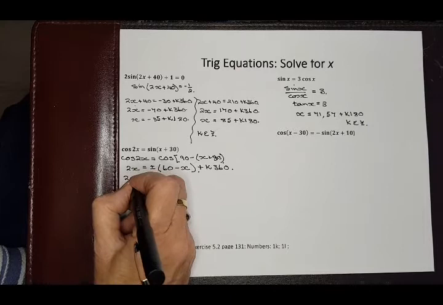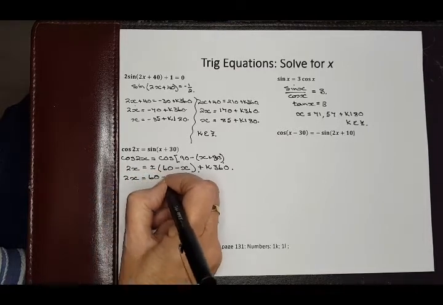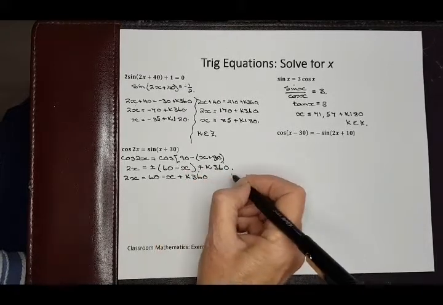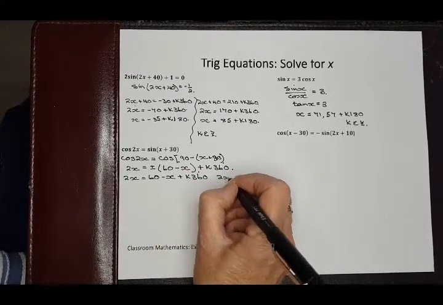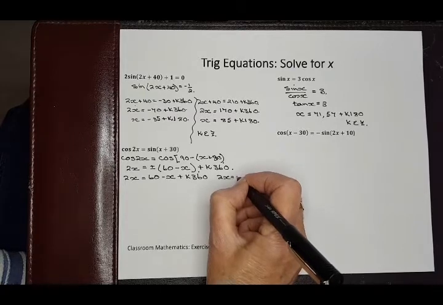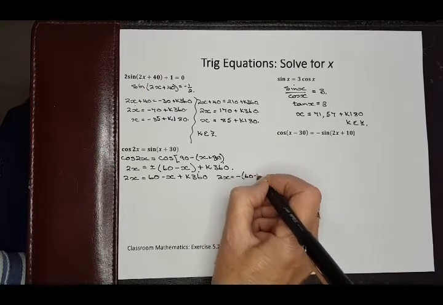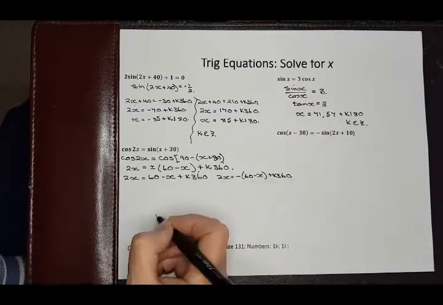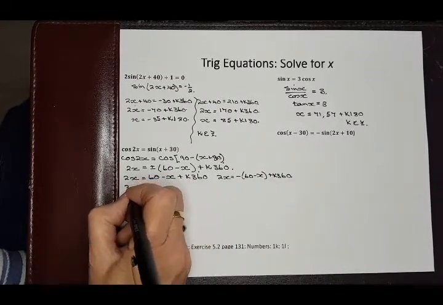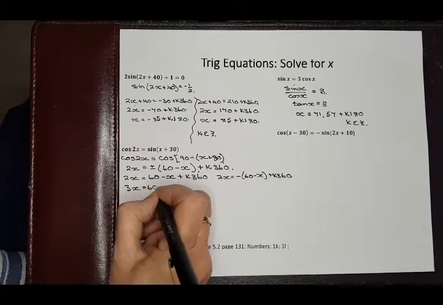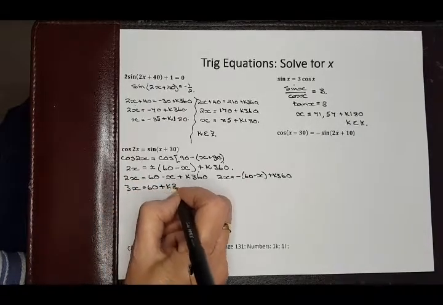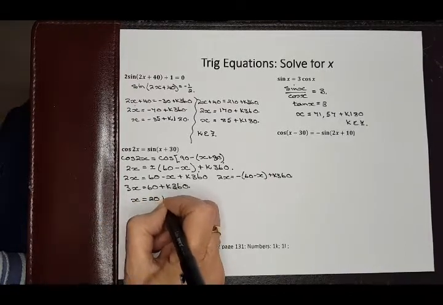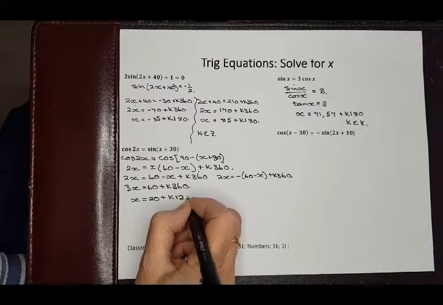So the 2 equations are 2x is equal to 60 - x + k·360, or 2x is equal to -60 - x + k·360. This is going to give me 3x is equal to 60 + k·360. x is going to equal 20 + k·120.